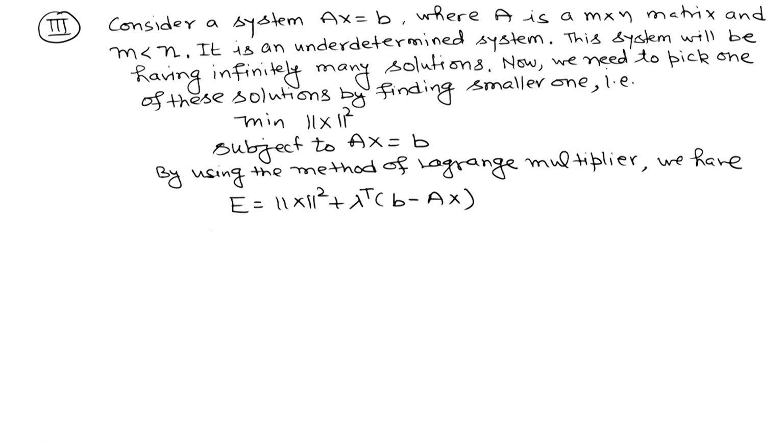Now, to minimize this and find the x, I have to write del E by del x equals to 0, which gives 2x plus A transpose lambda equals to 0. Let me write this equation as 1.